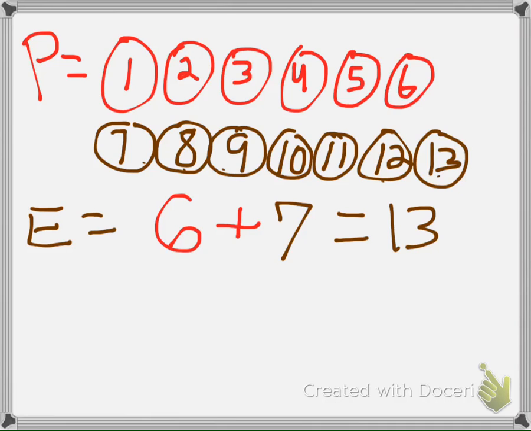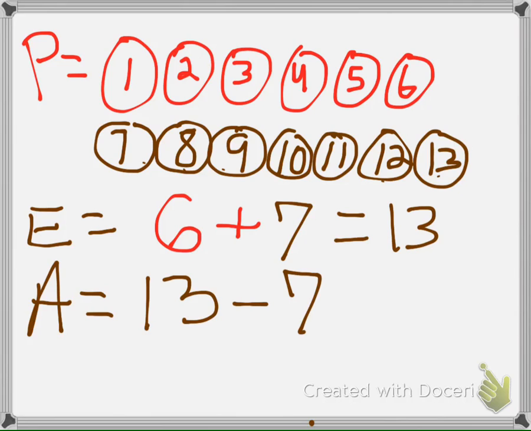Now here's the tough part. Trying to come up with another way. When you try to come up with another way to solve this problem, you could do a few different ways. One way you could do it is you could very simply look at the number 13, which is what you got as an answer. If you took 13 and took away the number that Sam had, which was 7, you should get the number that Jim had, which was 6.